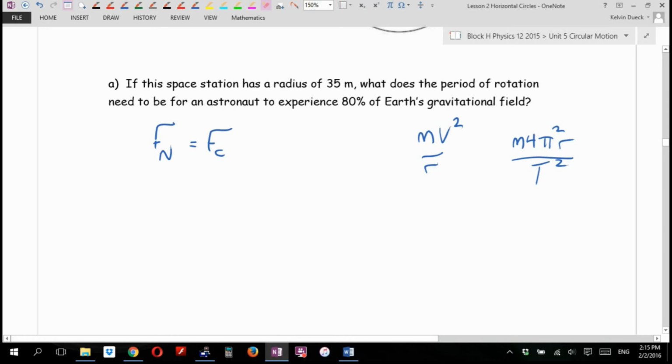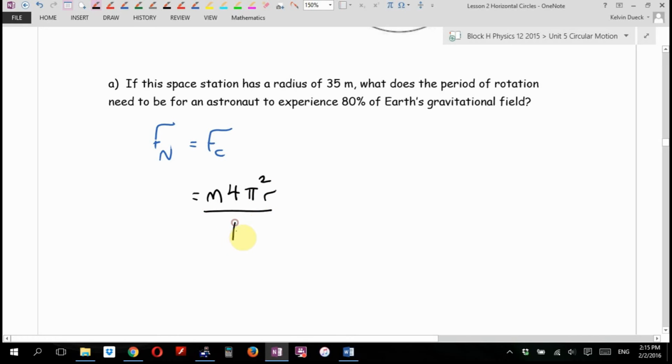Why the second one? They want me to find the period, so I better use the equation that's got the period in it, says the people that have done the homework. If you haven't done the homework, you're going to be going, what is that second one? Should have done lesson 1. Okay? So I'm going to say this is going to be m 4 pi squared r over T squared.